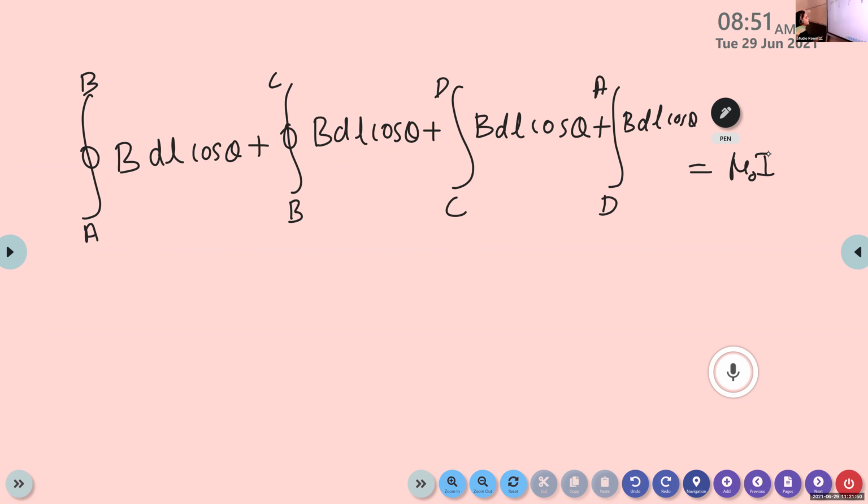So here we know that B is the magnetic field and dl is the length of the small segment. And what is theta?